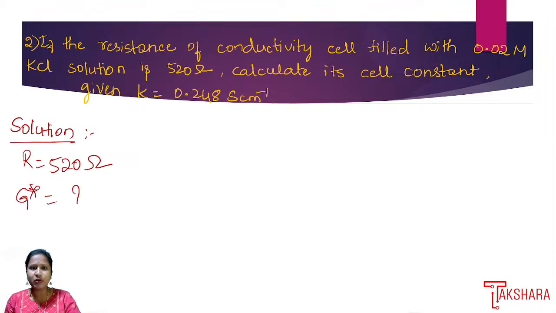K is given as 0.248 Siemens per centimeter.